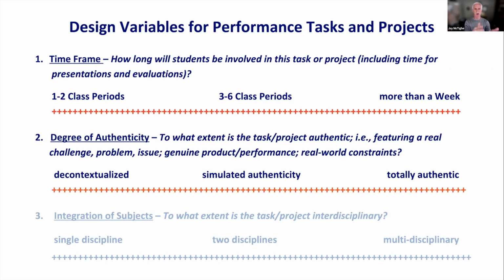So it's a simulated authentic situation. And then we can have a task, and especially project-based learning, that in fact is truly authentic. Students are working on real issues, real problems for real audiences and producing products or performances that are genuine.